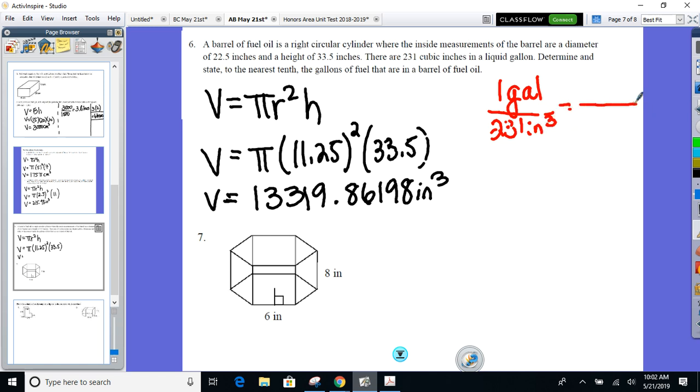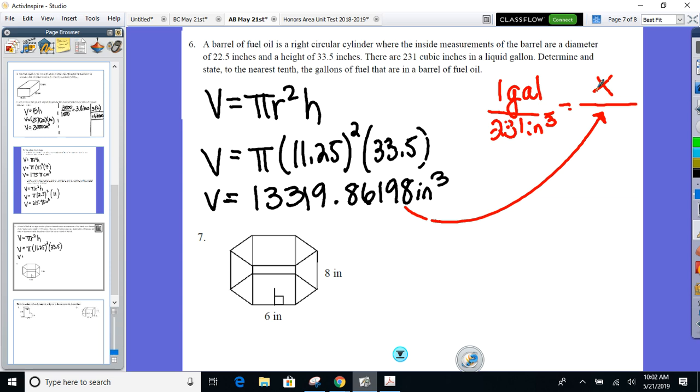Equal to, what do I have? Gallons or cubic inches? Cubic inches. It's got to go across in your proportion from the inches. So I'm going to place our answer right here and figure out how many gallons. Once you set this up, do you end up dividing by 231 or multiplying? Dividing.